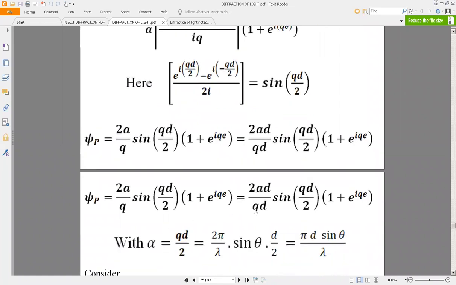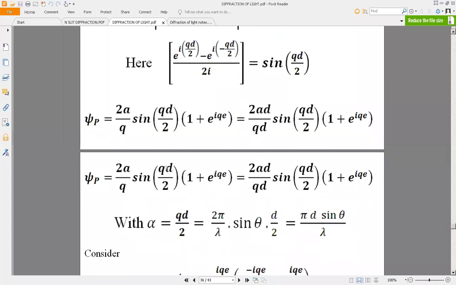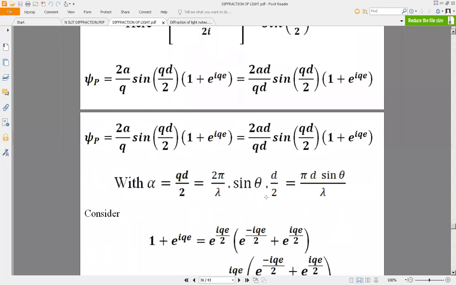Anyway, same thing. If you call this alpha as qd by 2, that is 2 pi by lambda d sin theta. Last time in the single slit we used alpha equal to pi d sin theta by lambda, just by cancelling the 2. Then you can write this as sin alpha, and just by throwing this 2 to the denominator and retaining this A_d, you can call the denominator also alpha, right?